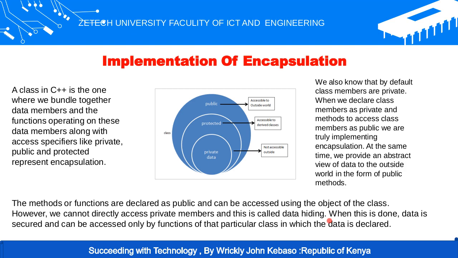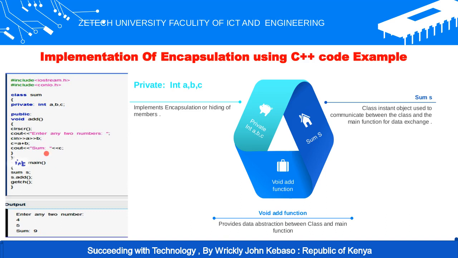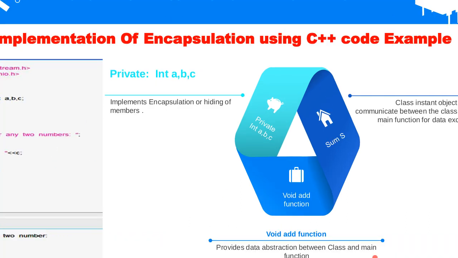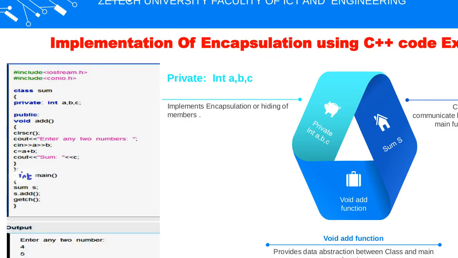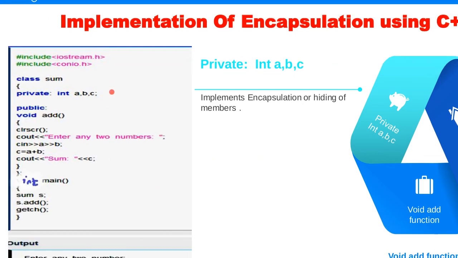For example, if I go back to this particular program, I want you to be keen on understanding the term abstract. If you look at this program, this void hard is the one that is going to provide what you call abstraction. For your information, the int main function is only saying void hard of class sum and is not saying these particular variables.